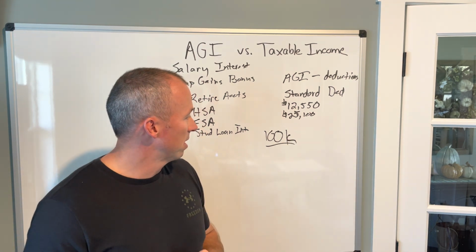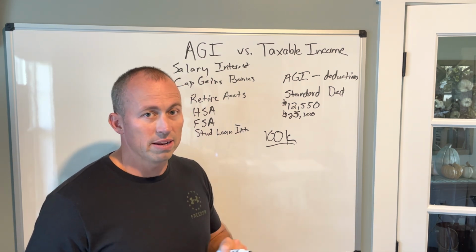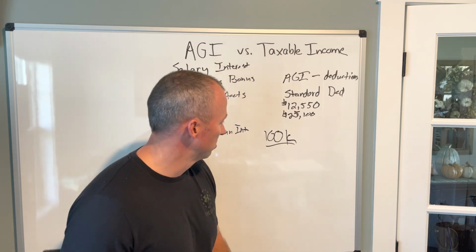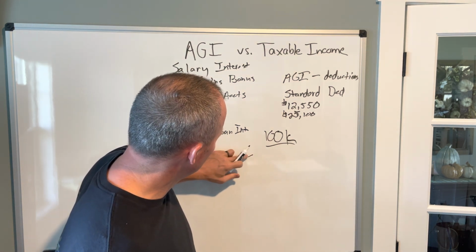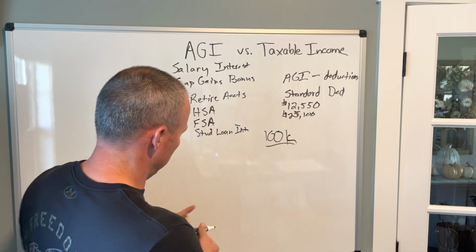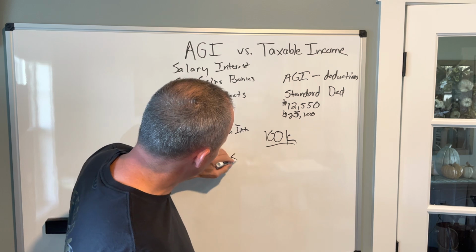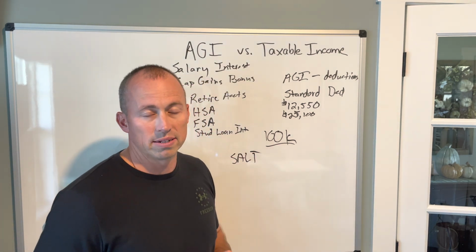Okay, now the other way is if you itemize, okay? So itemizing your taxes, there are three big deductions if you're itemizing. One is called your SALT taxes. That stands for state and local taxes, okay?